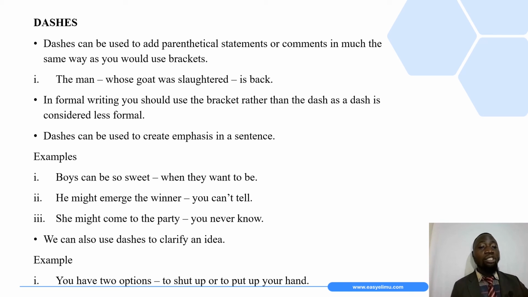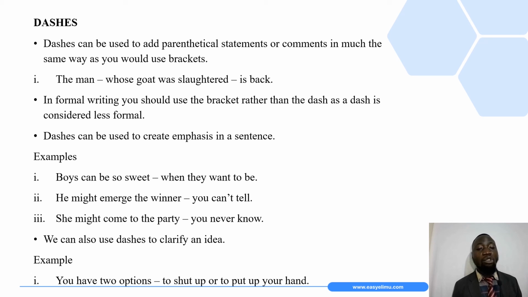We can use brackets the same way, that is, omit the dashes and replace them with brackets to still mean the same thing. In formal writing, you should use the bracket rather than the dash, as a dash is considered less formal.